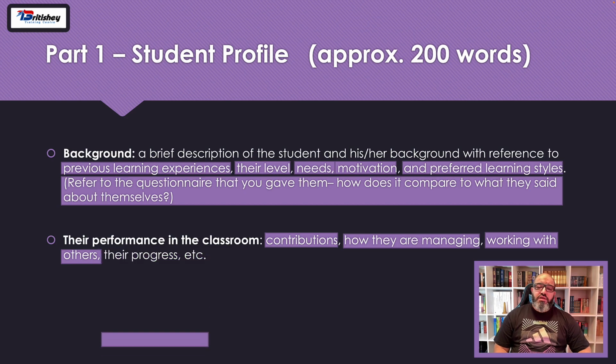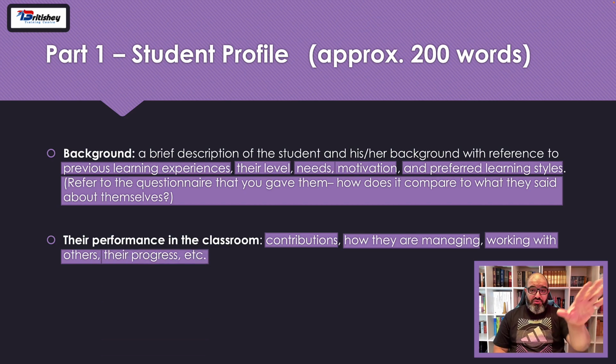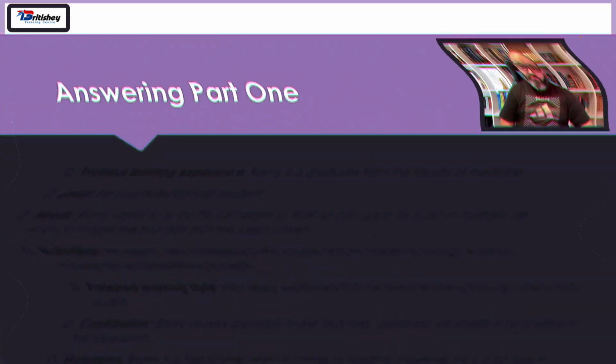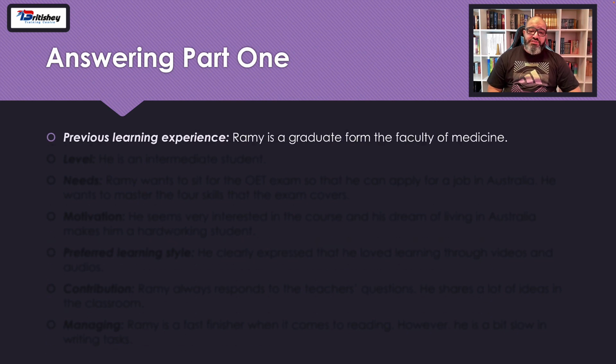So, let me now give you an example of how to answer this. If we come to previous learning experience, you might write something like that. Rami is a graduate from the Faculty of Medicine. You're talking now about previous learning experience.